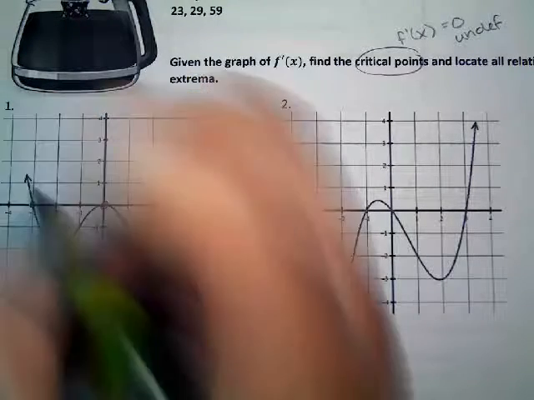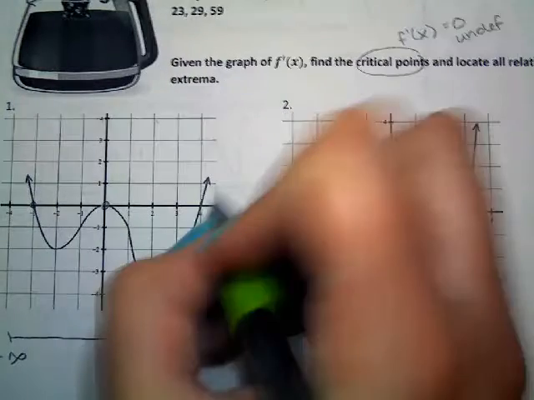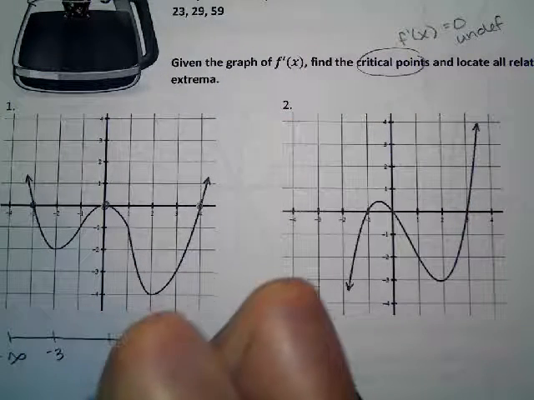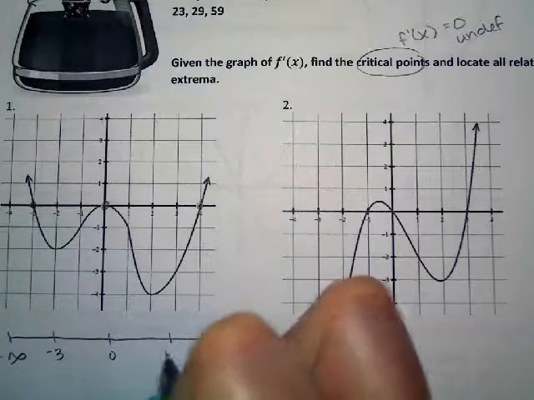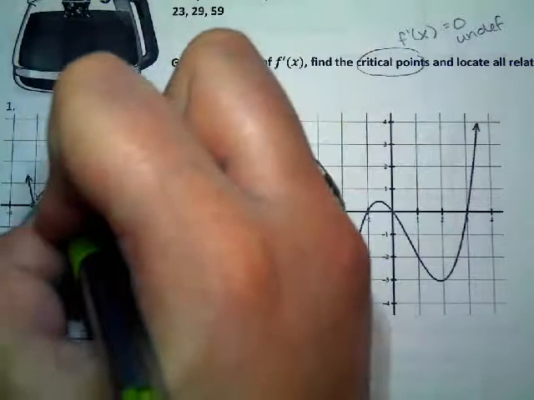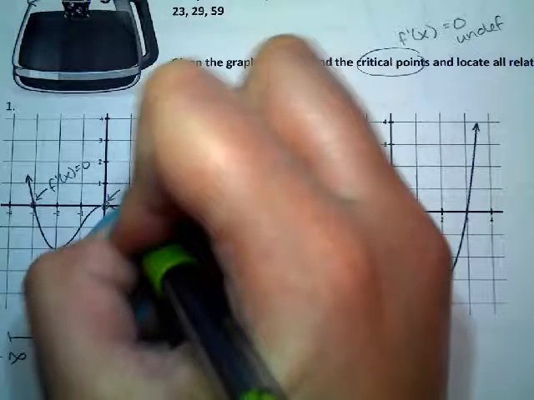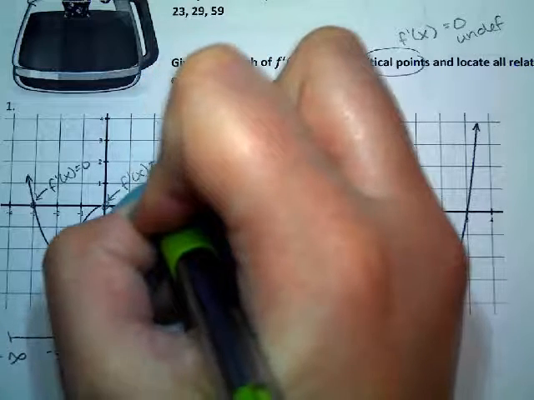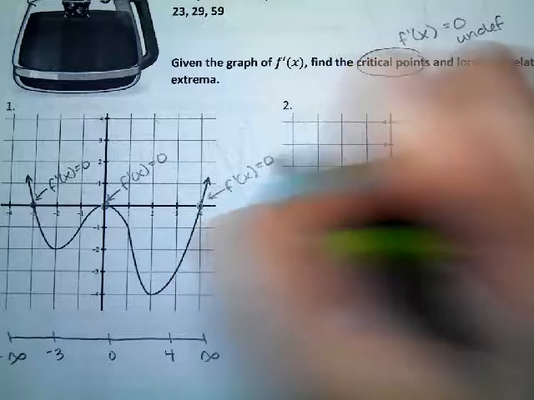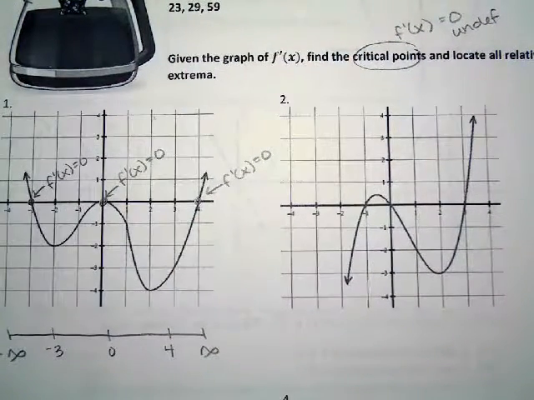Negative 3. Okay, where else? 4. So f prime of x equals 0 in all of those places.